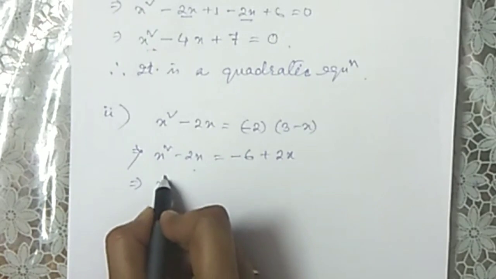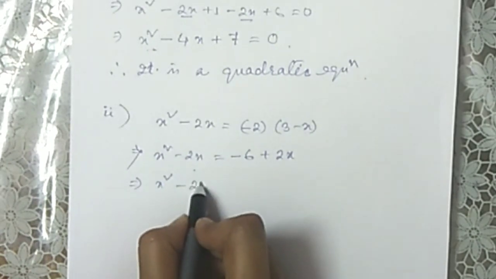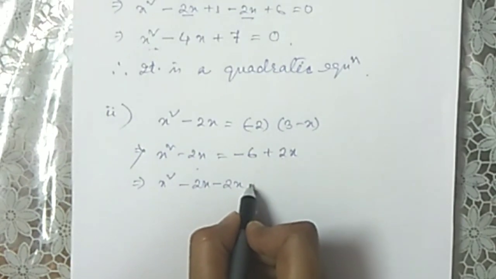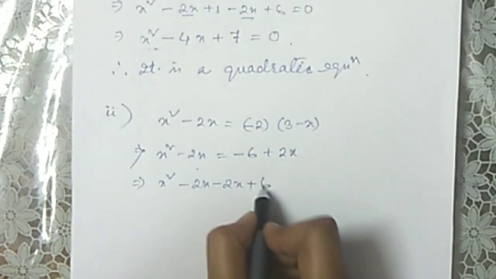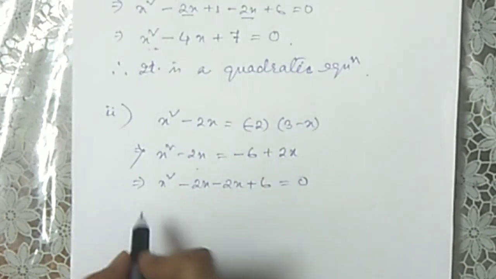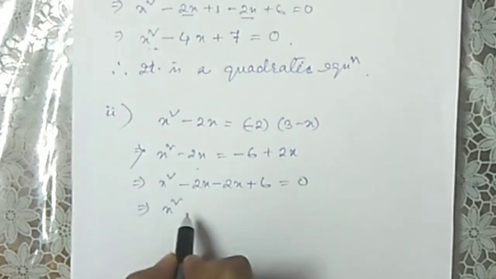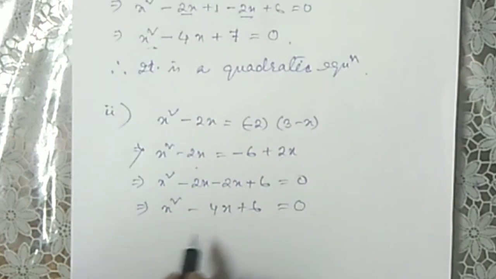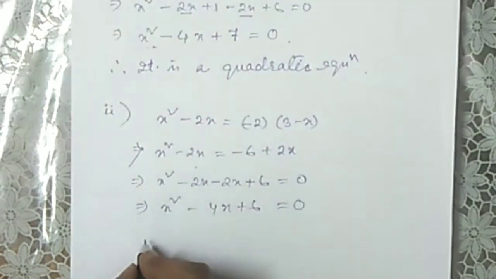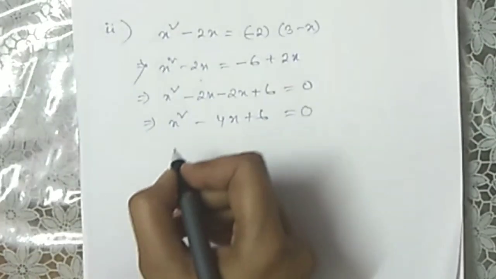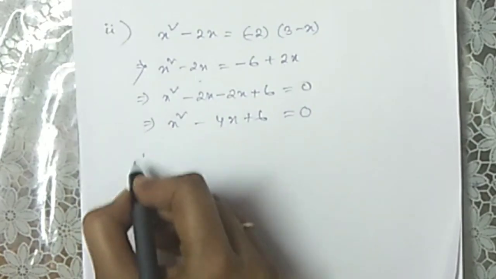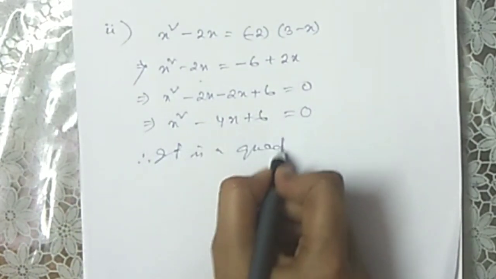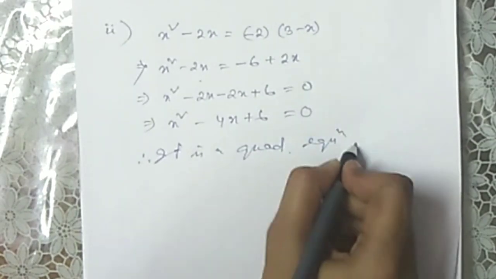So x square minus 2x, this minus 2x will be shifted to this side, and this minus 6 will be shifted to the left hand side, equal to 0. x square minus 4x plus 6 equal to 0. So it is also in the form of ax square plus bx plus c equals 0. Therefore, it is a quadratic equation.